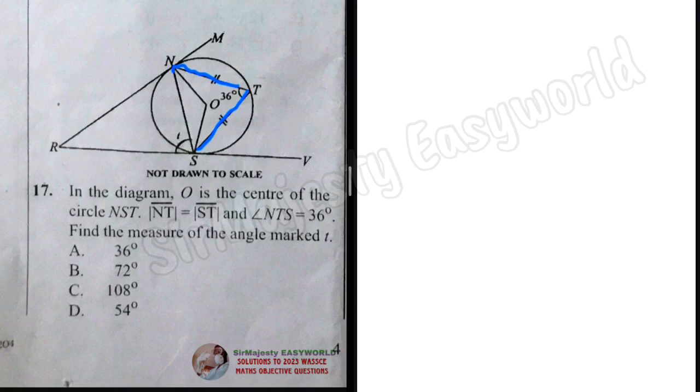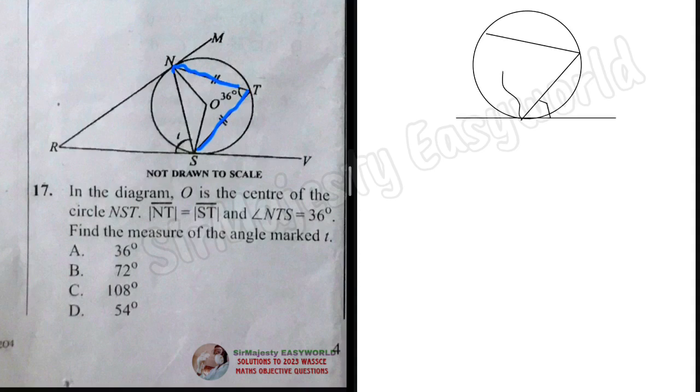So in this question, I need to look at one of the rules of circle geometry, or the theorems of circle geometry. That is, whenever we have a tangent of a circle, the angle that the tangent makes with the circle is equal to the angle when the two lines meet.